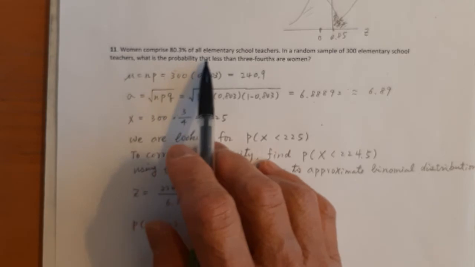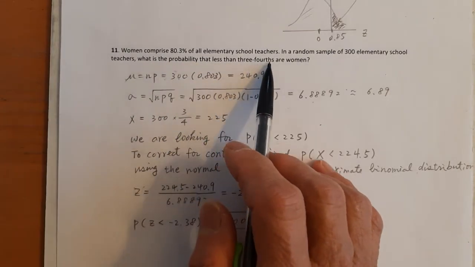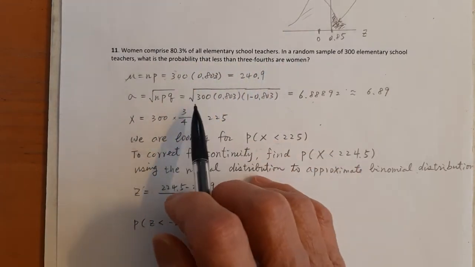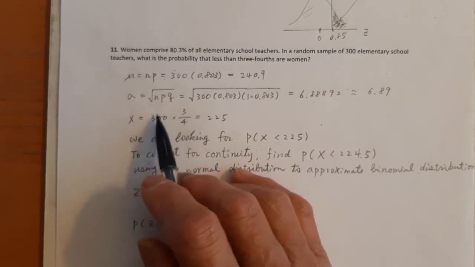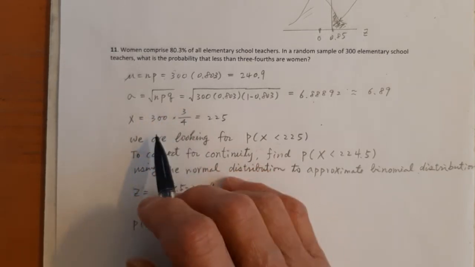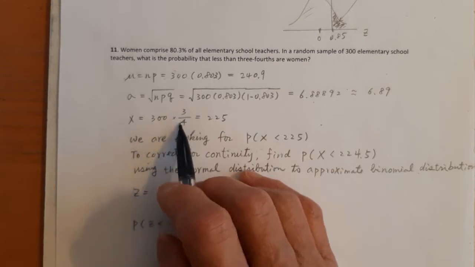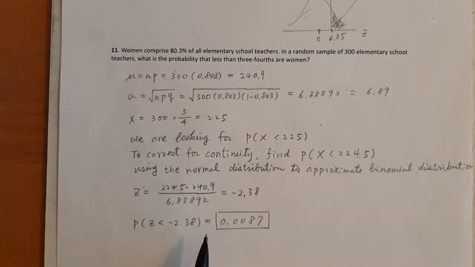What is the probability that less than 3/4 are women? Out of a total of 300, 3/4 are women. This is going to be a binomial distribution, because it's either female or male.